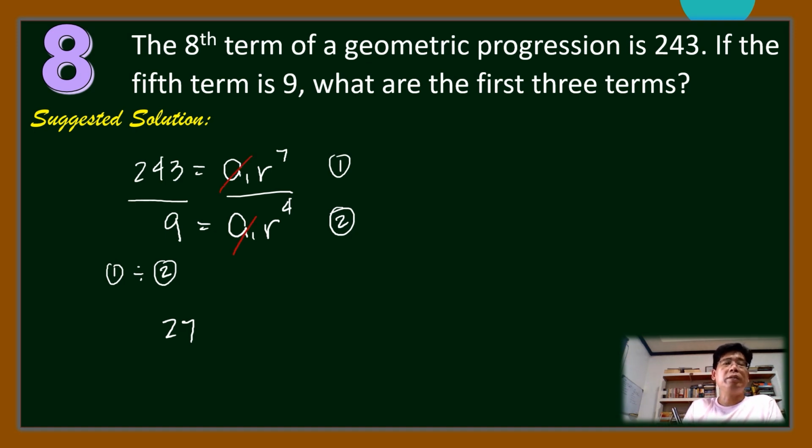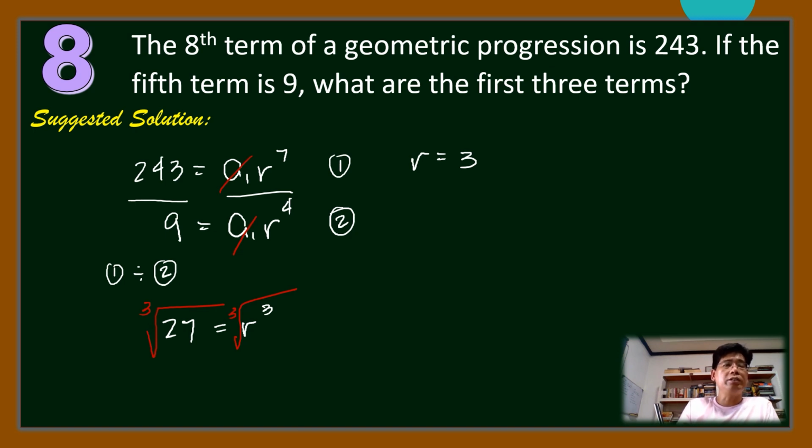And r raised to 7 divided by r raised to 4 is r raised to the third power. Now, if we get the cube root of both sides of this resulting equation, we'll get r is equal to 3. The cube root of 27 is 3.